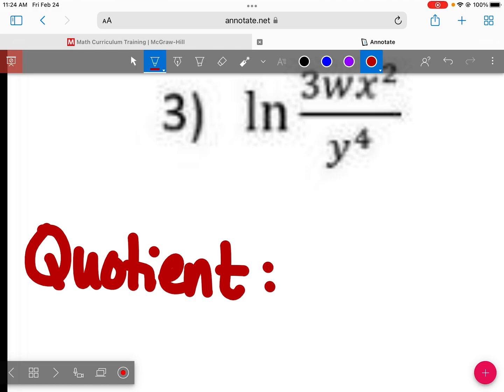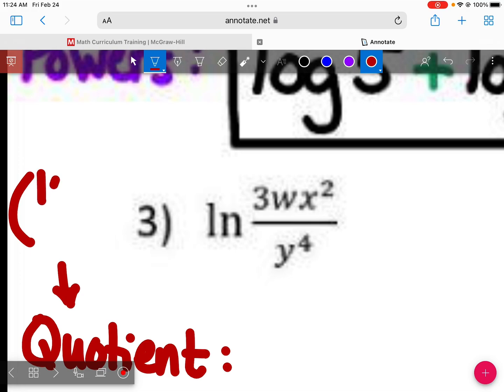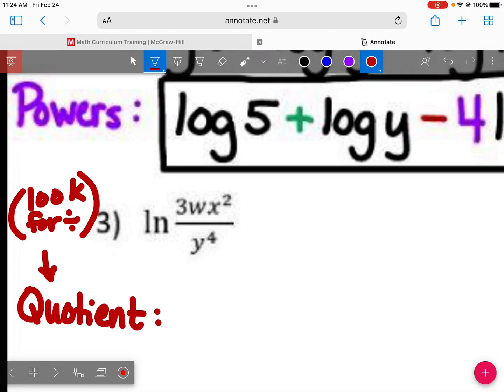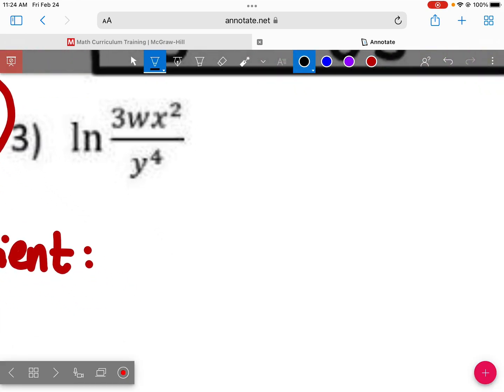When I'm using the quotient property, what am I looking for? Any division. Yes. We look for division. Is there any division in the argument of my log? Yes. So how many logs am I going to have? 2.